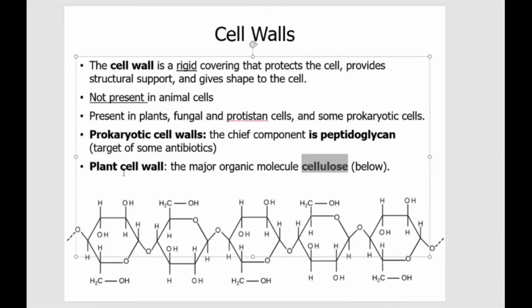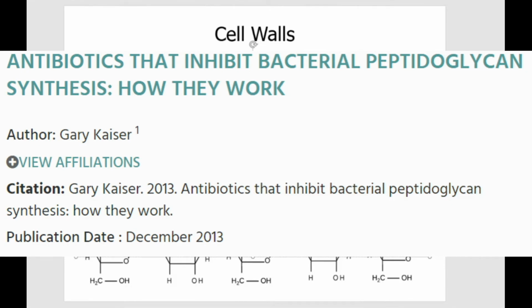Now prokaryotic cell walls. The chief component is peptidoglycan. Now, when you see this pept, that probably tells you that this is something about proteins, right? And the glycan something about sugar. So this is actually a very complex component that's made of proteins and sugar.